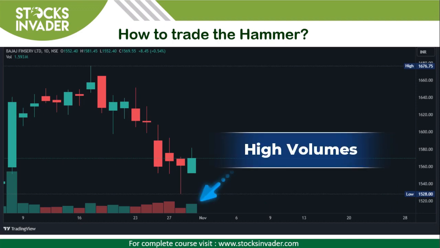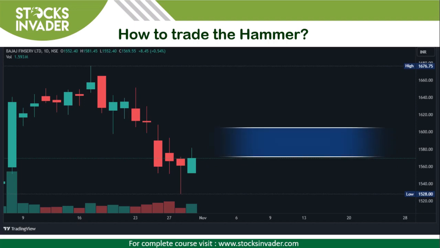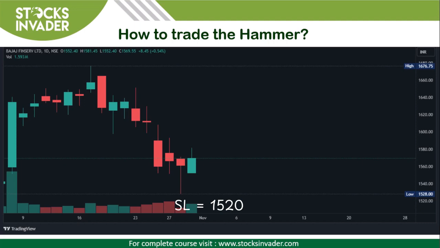An increase in volume on the very next day of the hammer can strengthen the reversal signal. Finally, set your stop loss. Consider placing a stop loss just below the hammer's low. In this case, you can set a stop loss of 1520, which is below 1528, which is the lowest point of the hammer. This strategy limits potential losses if the reversal doesn't pan out.